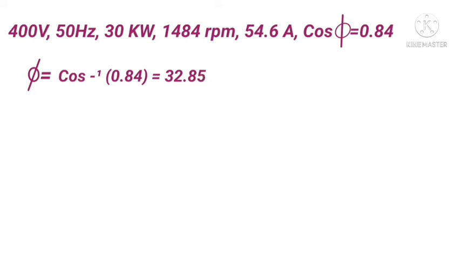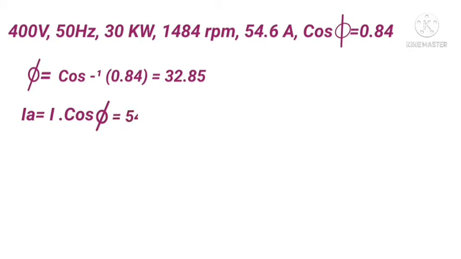Now to calculate the active component of the current, first we will calculate the active component. I will denote it by IA, where A represents active. IA is equal to I multiplied by cos of phi, where I is the rated current here.